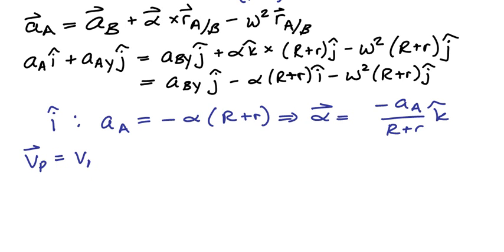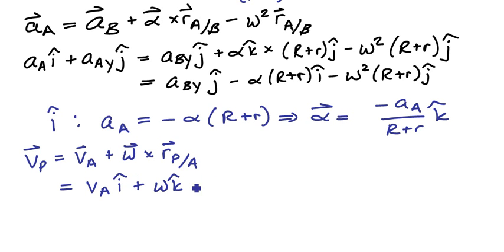I'll choose, in this case, point A, plus the omega vector we found cross the position vector of P with respect to A. I can go ahead and do some substitution here. I know the velocity of point A is some VA in the I direction. I'm going to add to that an omega in the k direction, where I've already found omega, and I'll cross that with the position vector of P with respect to A.